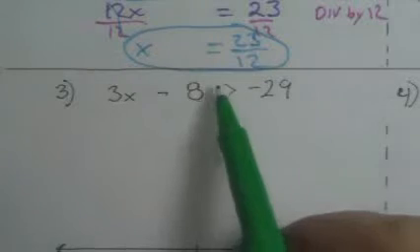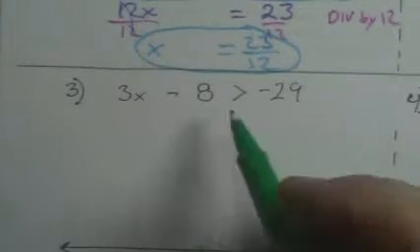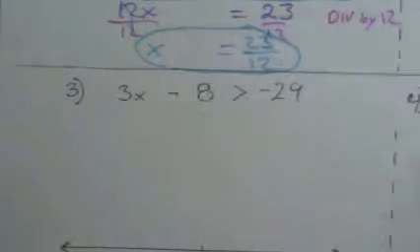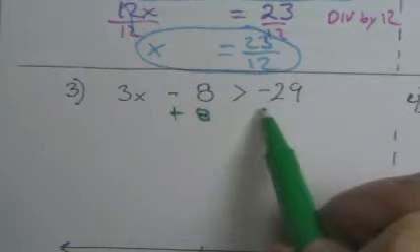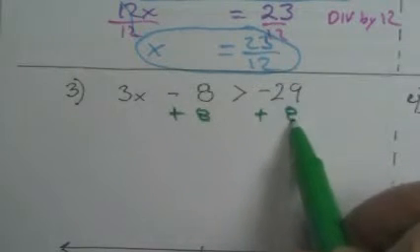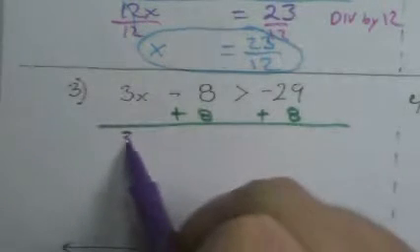Okay, number 3, we have an inequality. That's a greater than, more than. So just a two-step problem. So let's see, I'm going to get rid of the minus 8, so I'll add 8. All right, that's going to give me 3x.